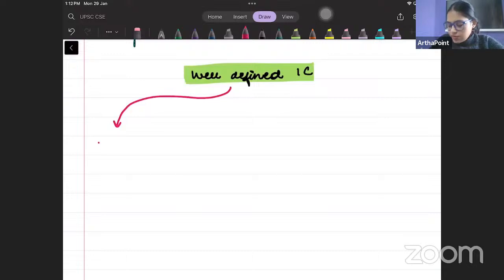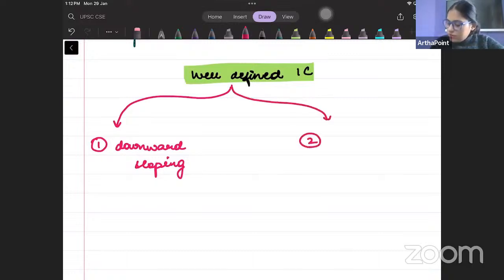First, it will be downward sloping. Second, it will be convex to origin. Because both properties are very different and you should not combine the two properties together.